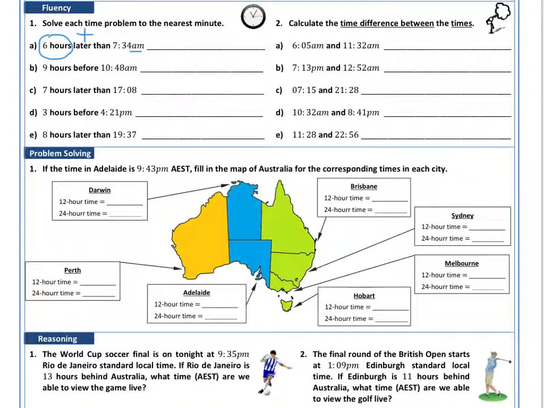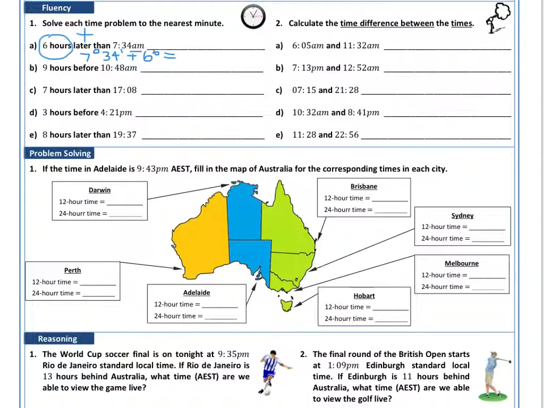If I wish to do this calculation on my calculator, I would be pressing 7 and that bubble button to input hours, 34 and the bubble button again for minutes, and then I would be pressing the plus button and putting in 6 and the bubble button to indicate 6 hours. And by pressing equals, it will give me 6 hours after 7:34 a.m.